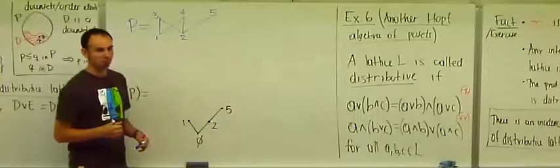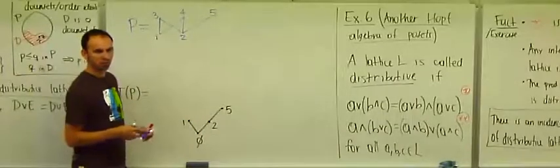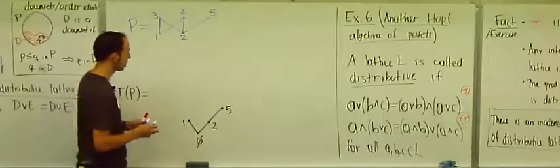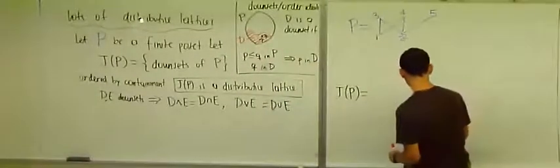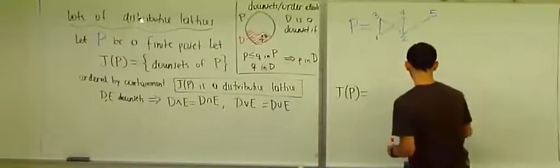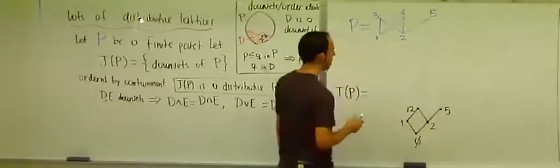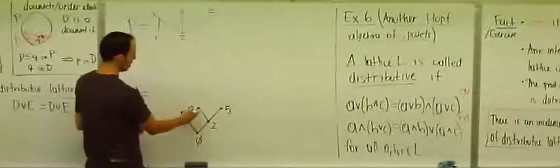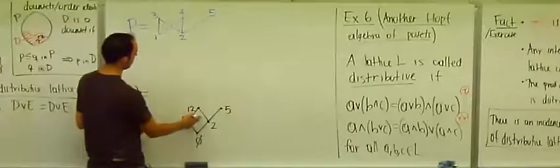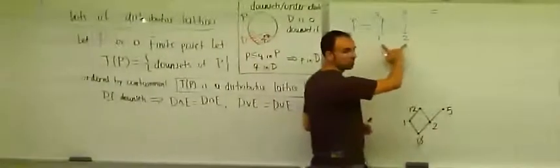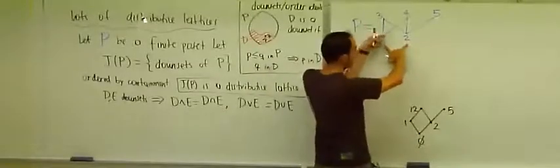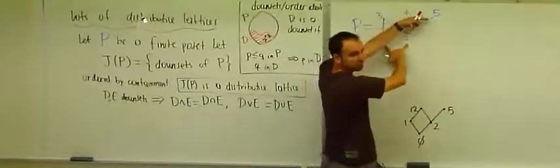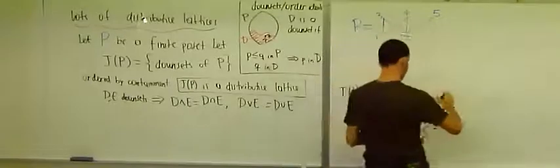Can you think of another one of 2 elements? There is one more: 1 and 2. Now, if I have 1 and 2, what can I add next? I can add 3. That's a downset. I can add 4. That's a downset. I can add 5. That's a downset. So, for example, I have the downset 1, 2, 5.